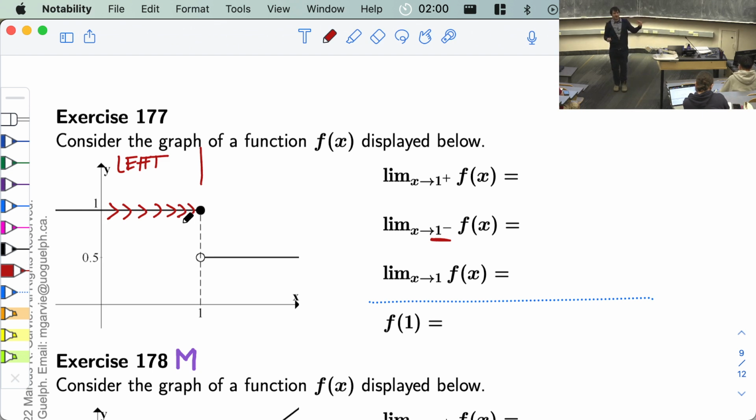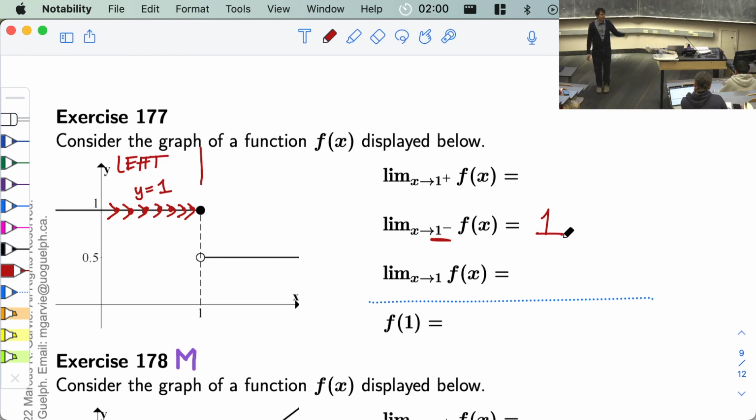The y values, in this case, are always 1. So the sequence of y values for any sequence here on the left is just 1, 1, 1, 1, 1. What is that sequence doing? It's getting closer and closer to y equals 1. So the limit from the left is 1.